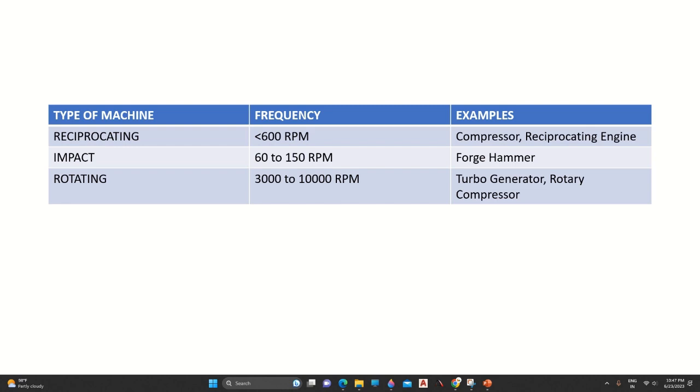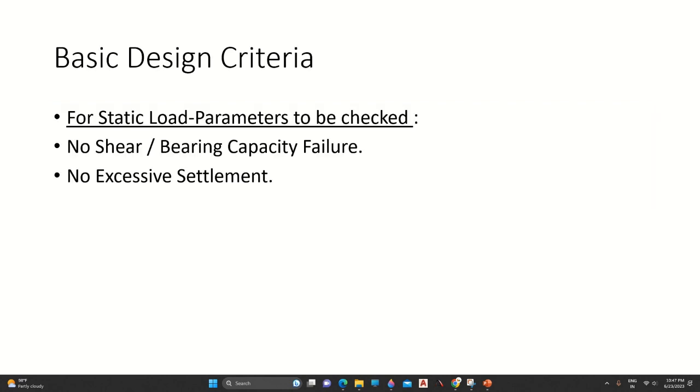Especially the RPM of the machine you have to consider for the rotating machines. So for the static load, where your RPM values are not high, you have to see that there's no shear or bearing capacity failure, and no excessive settlement in the foundation of the machine.